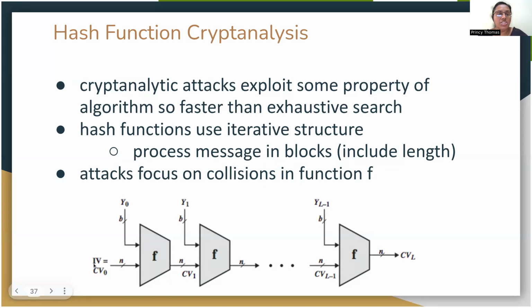The IV, the initial value, is first used for hashing, and then the message is divided into Y0, Y1, etc., YL minus 1, and the output of the first block is given as input to the next block. So for cryptanalysis, this structure or algorithm is what is going to be attacked.